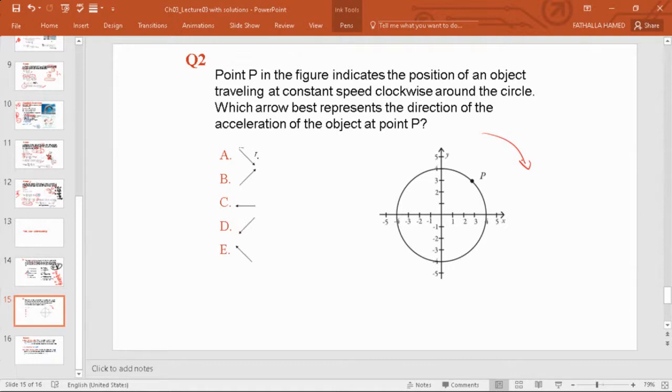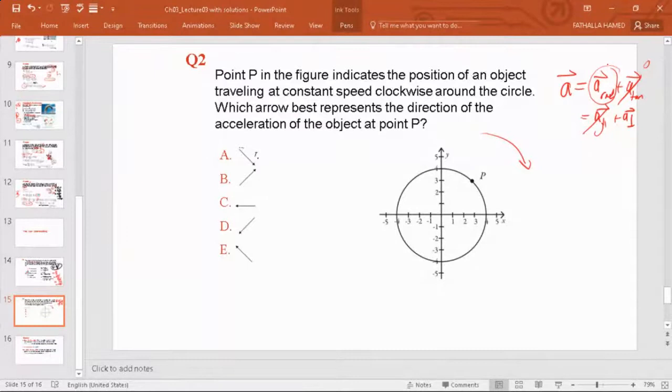When you go around the circular motion, your A has an A rad plus A tangential, or we can call it A parallel plus A perpendicular. But when you are going around with constant speed, the tangential part goes to 0, and the only thing you have is your radial acceleration, and your radial acceleration always points toward where?